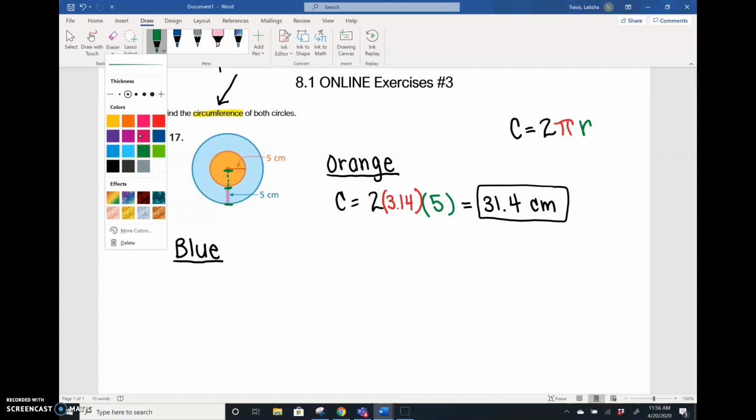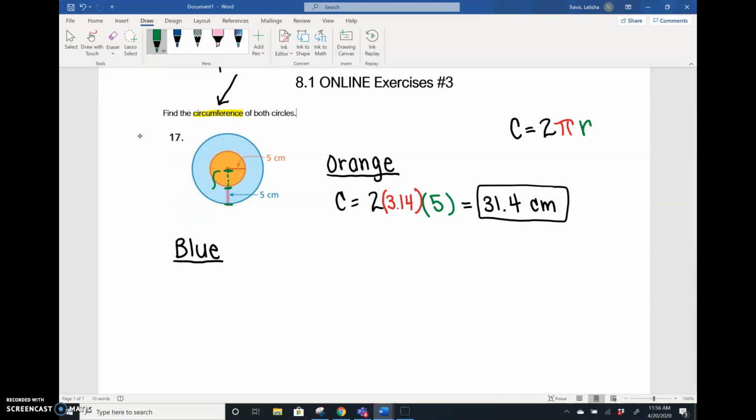So this here is the radius of the blue circle. So that radius equals 5 plus 5, which is 10 centimeters.